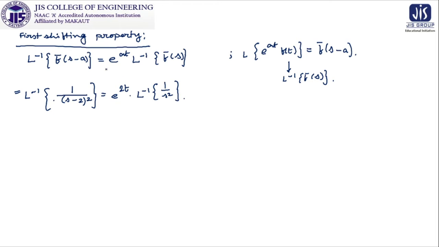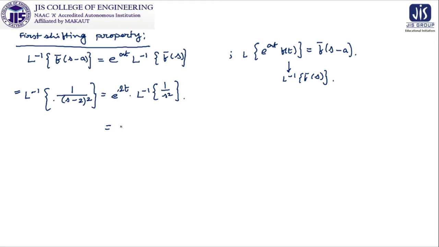Just compare it with the previous format: if it is s minus a, here a is 2, so e to the power 2t, and Laplace inverse of 1 by s square, where in place of s minus a, s is substituted.